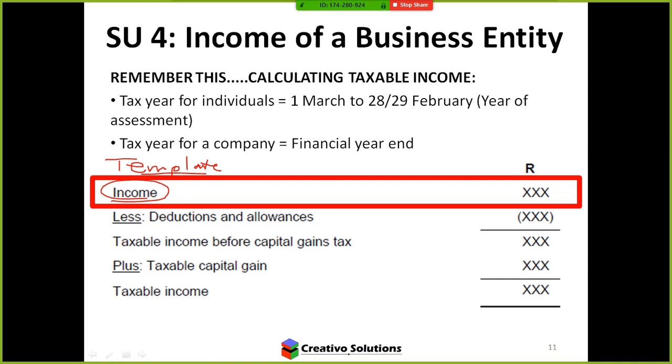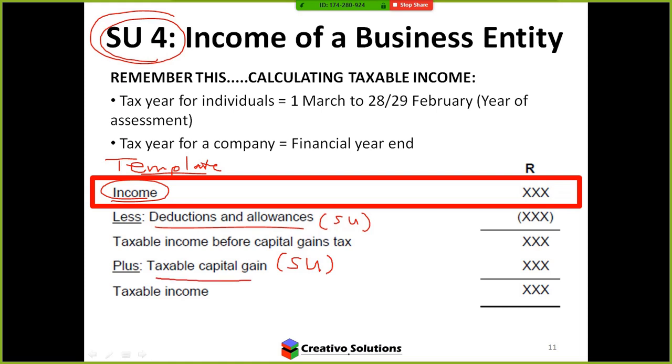So what am I looking at here in study unit 4? I'm looking at this line. This is the only line that I'm looking at. And then when you look at other study units, UNISA does quite a good job at structuring this, because deductions and allowances is a separate study unit. There's a unit for that. And then taxable income, not income, taxable gain, capital gain, there's another study unit for that.